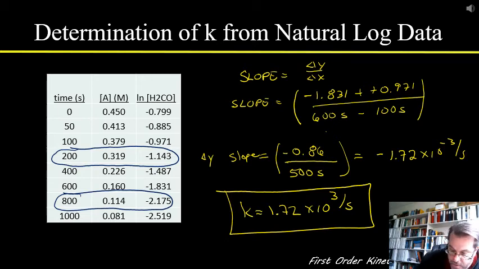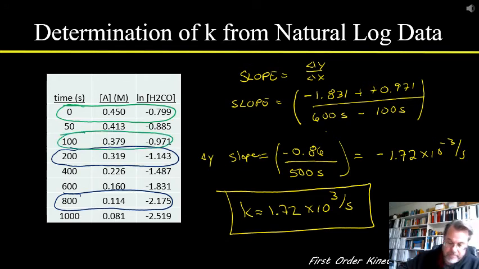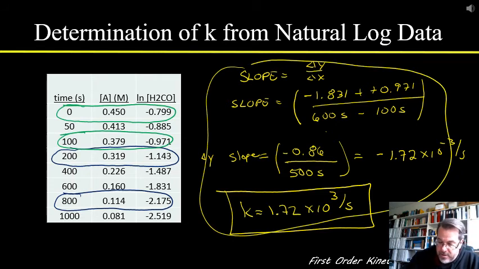Or you might try this point and this point. So while you've got this here, go ahead and choose another data pair, maybe a couple of data pairs, and try doing this calculation again and see if each time you get the same value for k. Okay, you should, and also remember your units in the calculation.